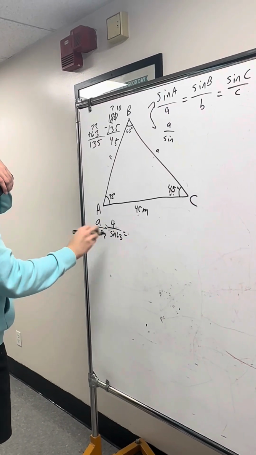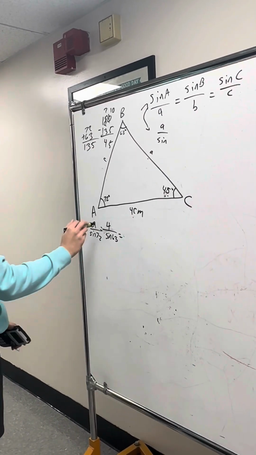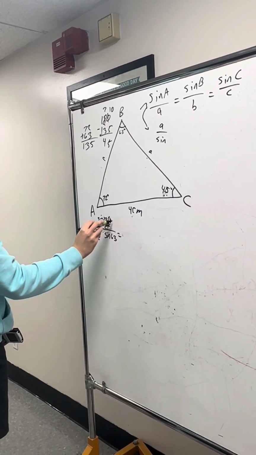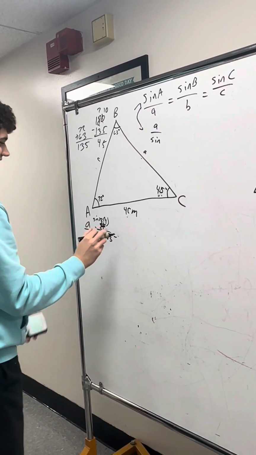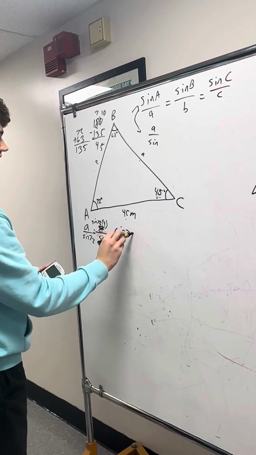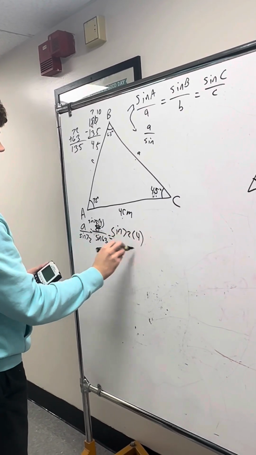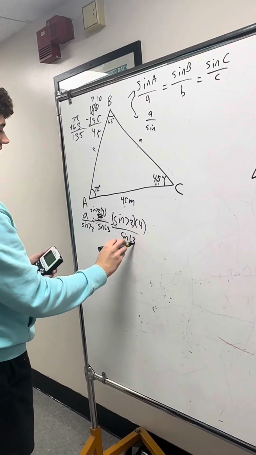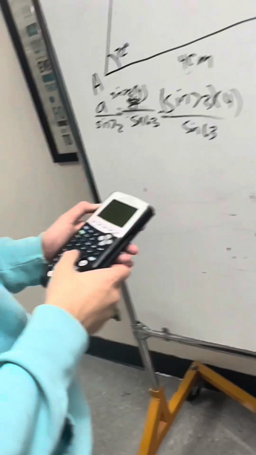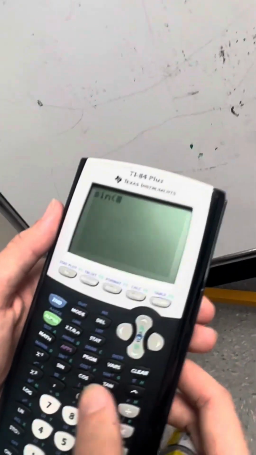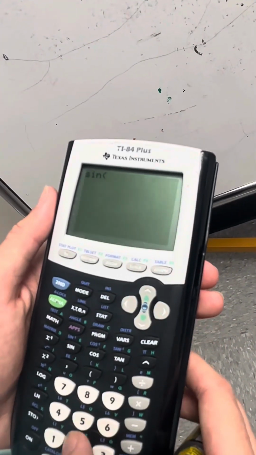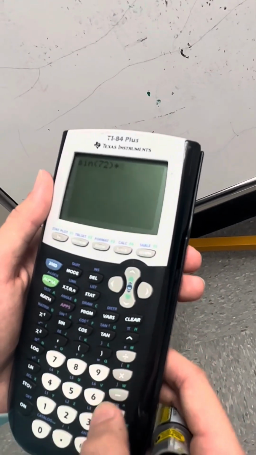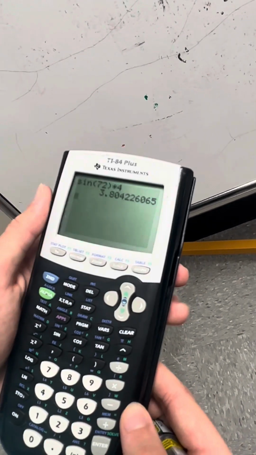So then multiply this, so it's sine of 72 times 4, over sine of 63. Plugging in the calculator: sine 72, close those parentheses, times 4, equals 3.8.